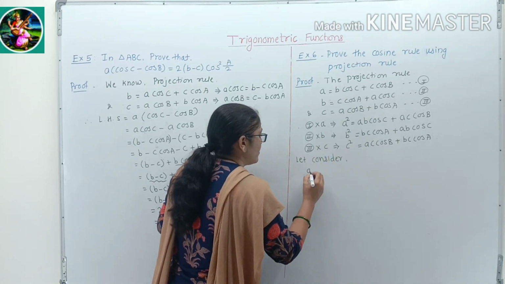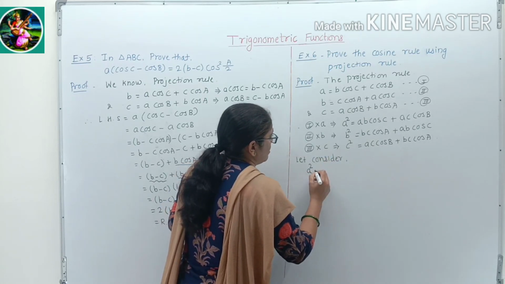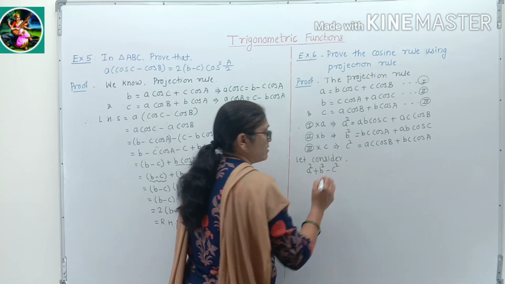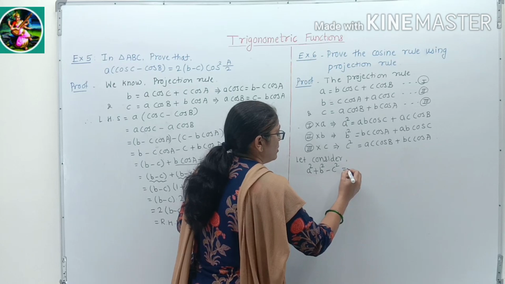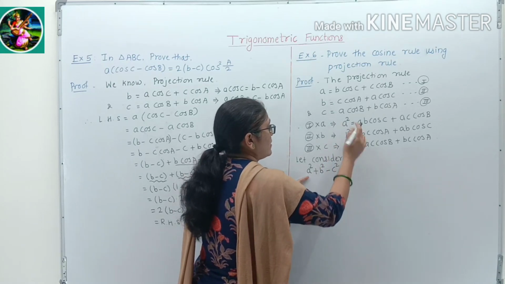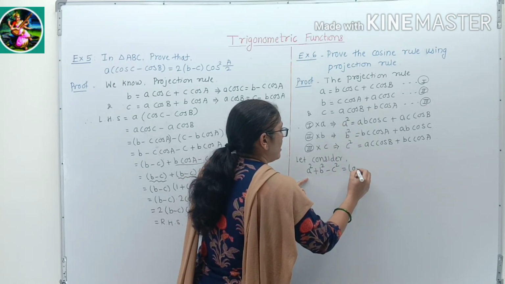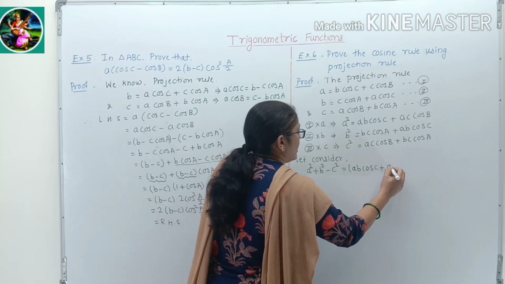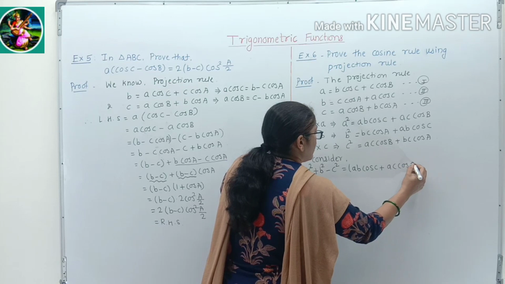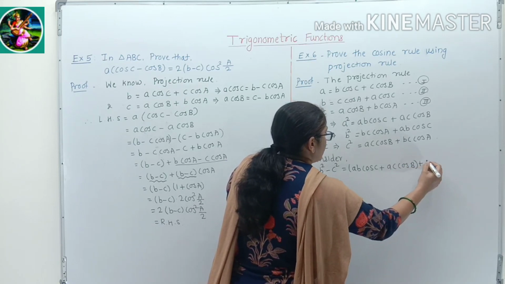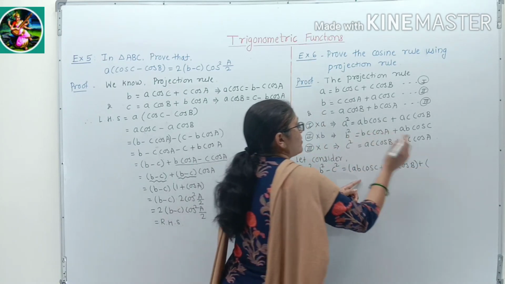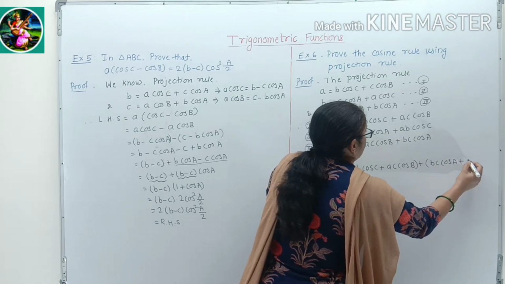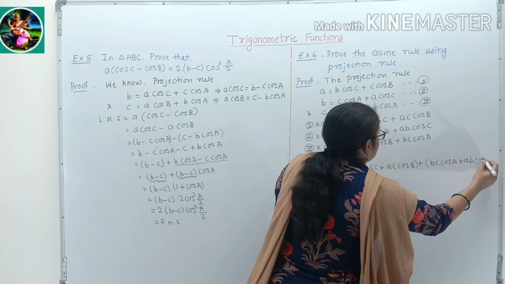a² + b² − c², that is equal to a² plus b², that is (ab cos C + ac cos B) plus (bc cos A + ab cos C).